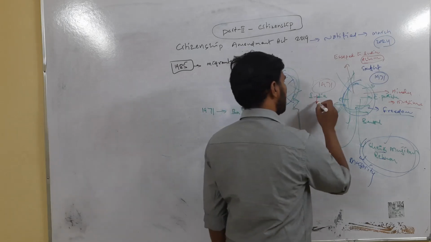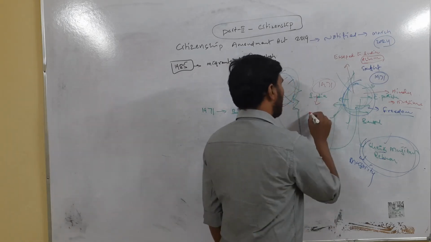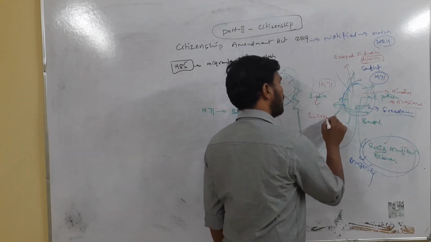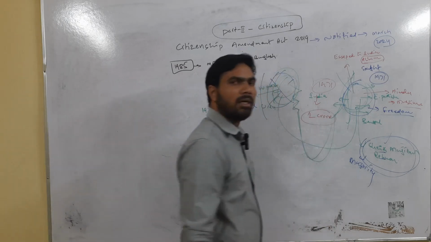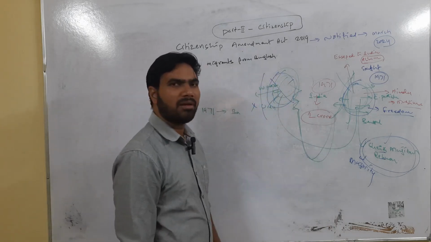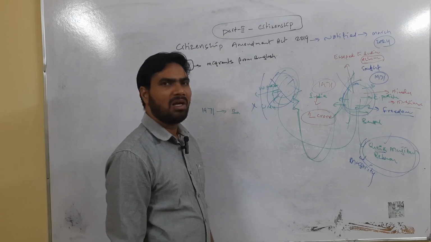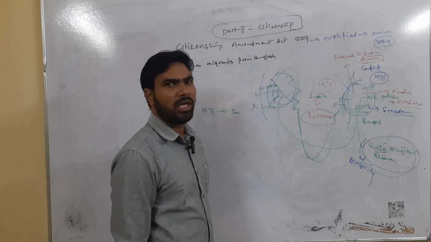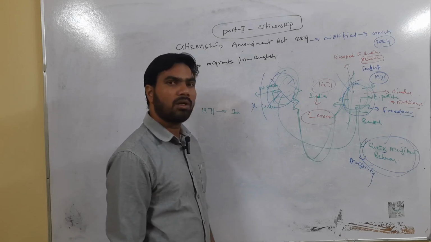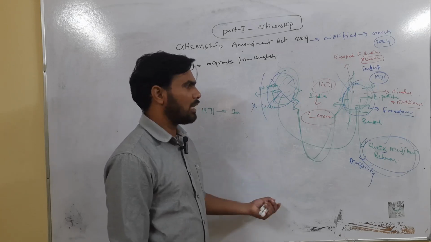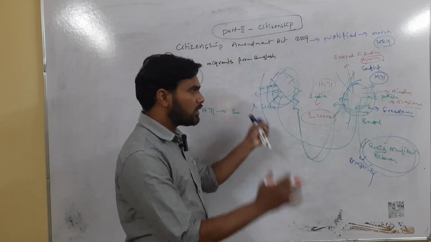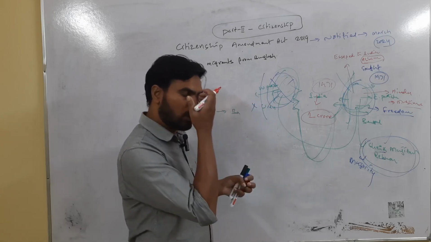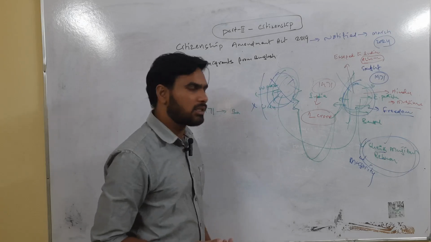Estimates say that at least 1 crore illegal migrants are there in Assam who have come from Bangladesh. You can understand the gravity of the number. More than 1 crore people have come from Bangladesh as refugees. So this is one period where illegal migrants came.